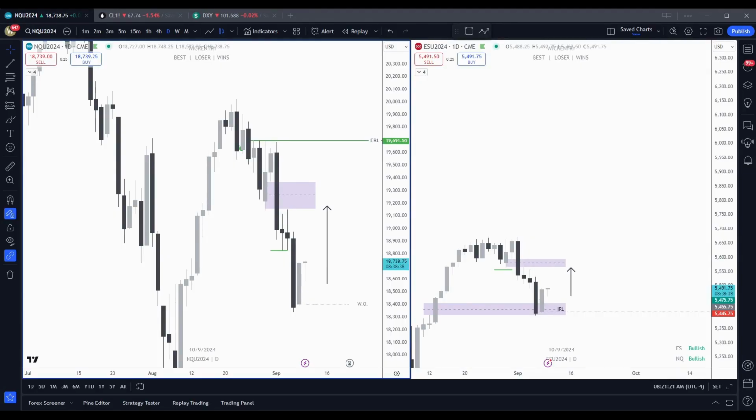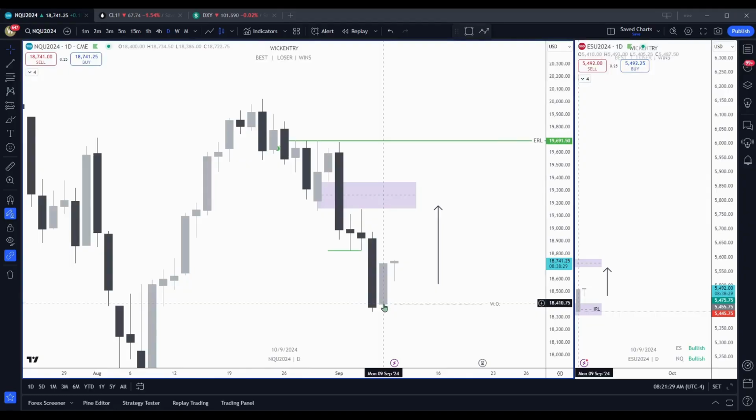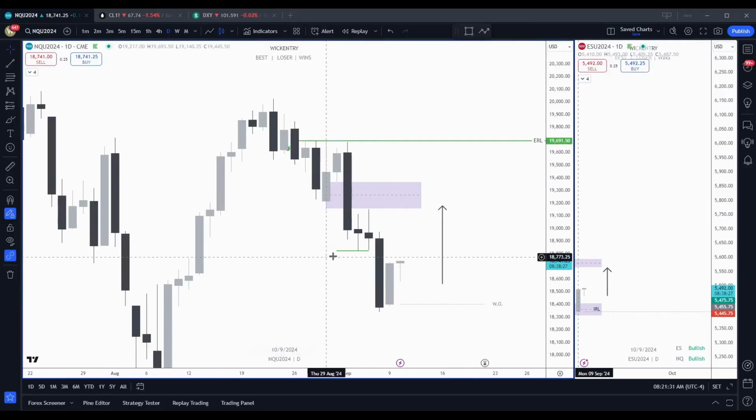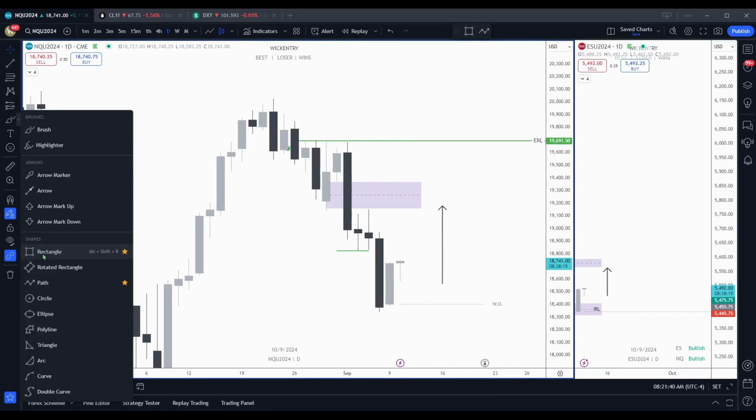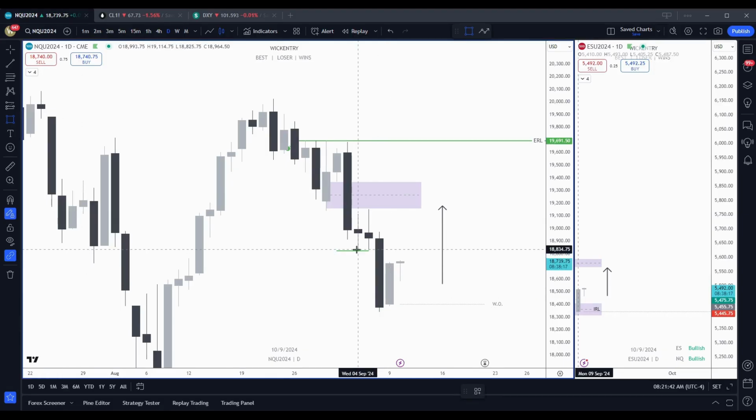All right, so while I was editing this video, I realized that I missed something on NQ. Originally I had said we're below this swing, I'm looking to reach up here, not realizing that fair value gap was formed right after yesterday's close, right here.